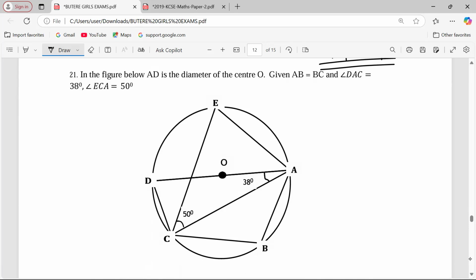The diagram is having a simple error here, but at least we can understand what we are being given there. So we can now read the question together.